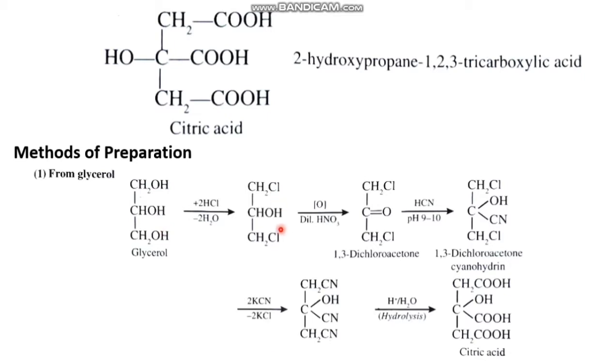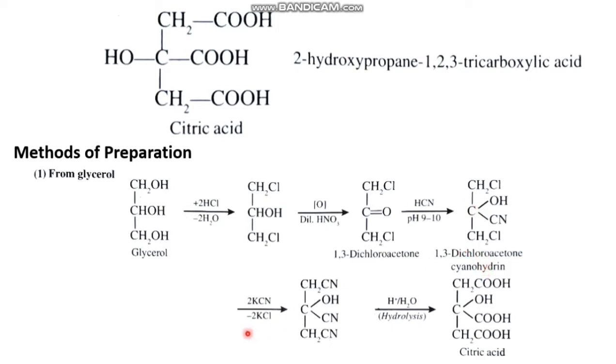First we get 1,3-dichlorohydrin. Then on treatment with dilute nitric acid, by oxidation we get 1,3-dichloroacetone. This 1,3-dichloroacetone is reacted with hydrogen cyanide at pH 9 to 10, and we get 1,3-dichloroacetone cyanohydrin.